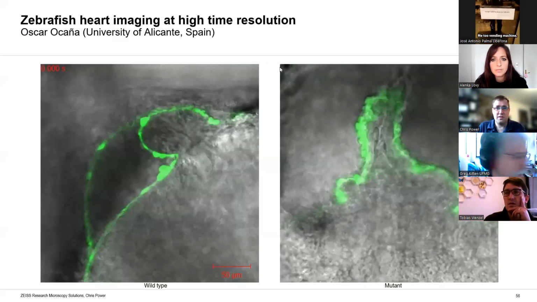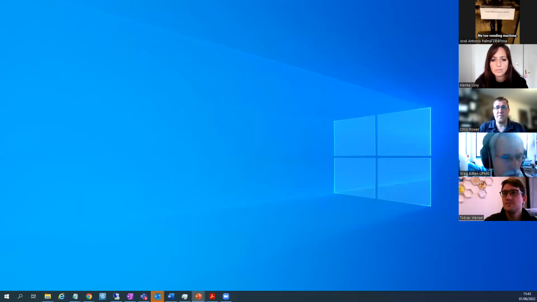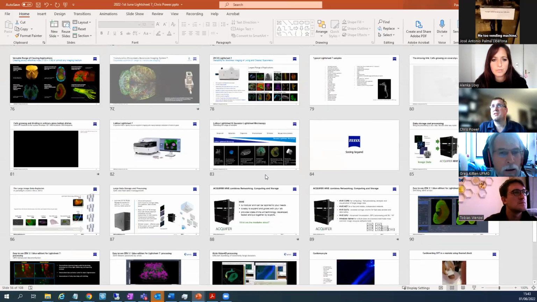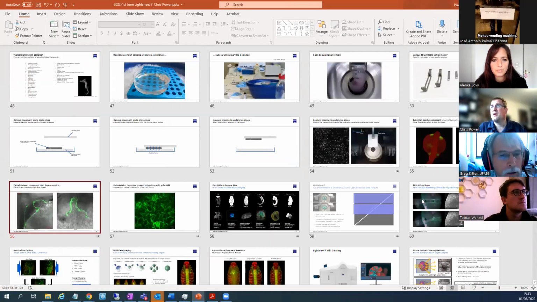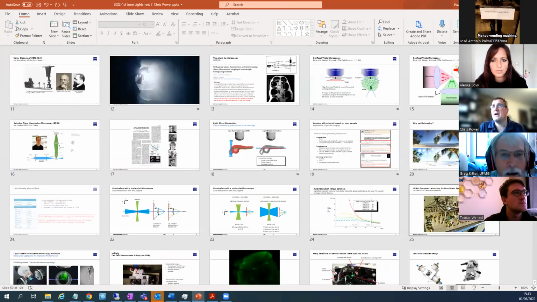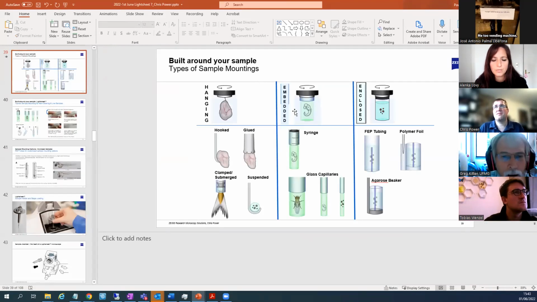Let me try and find the overview here, the slide that matters. Right. First of all, in terms of this setup here, the main holder in the microscope is a metal stick.